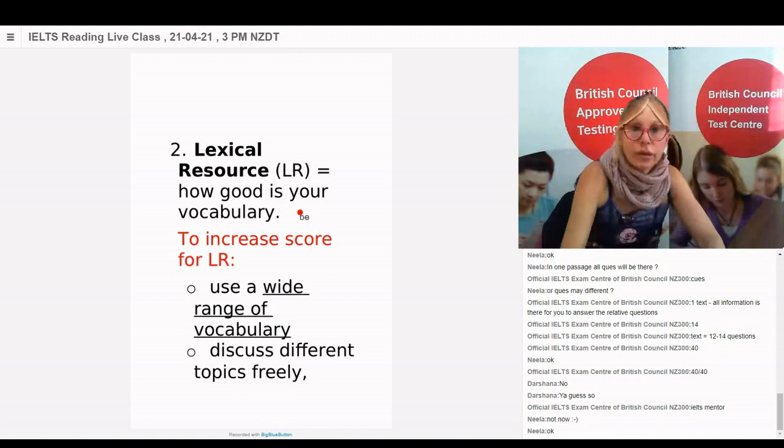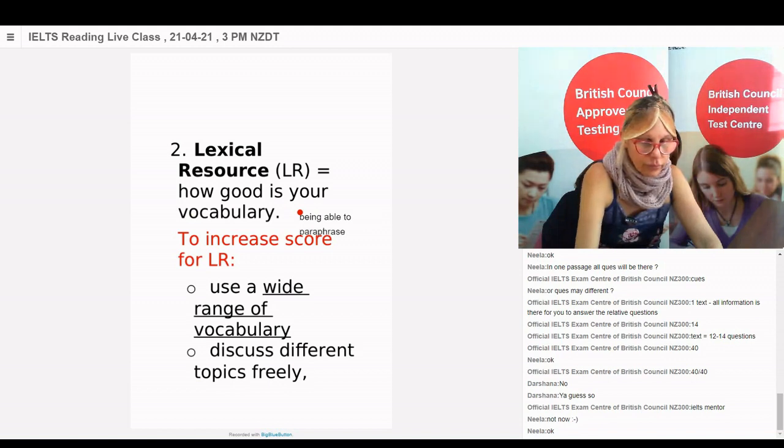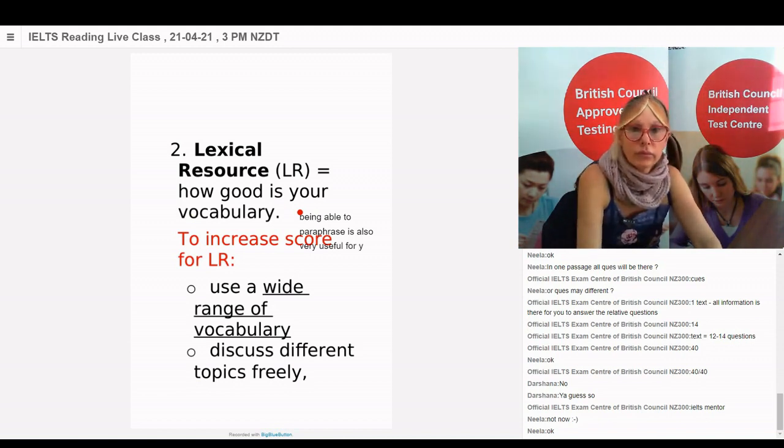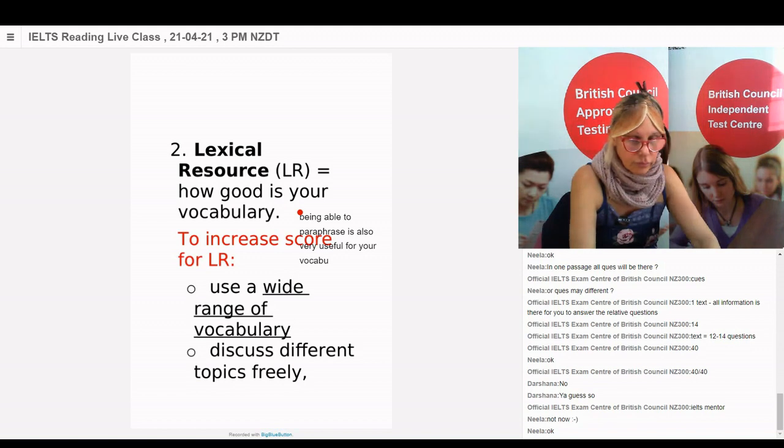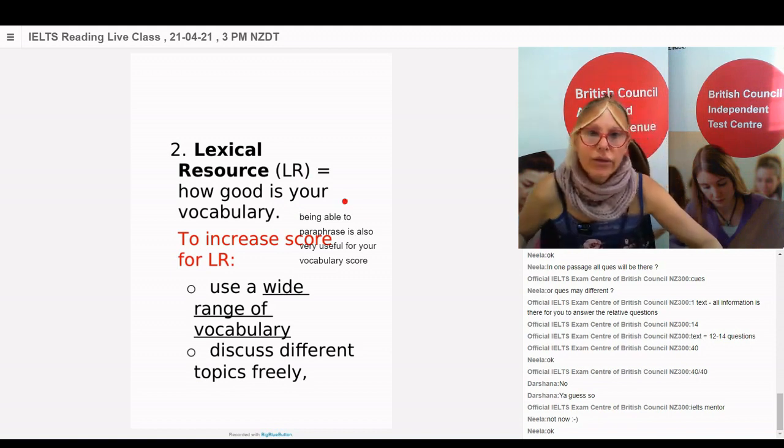Paraphrasing, so being able to paraphrase.